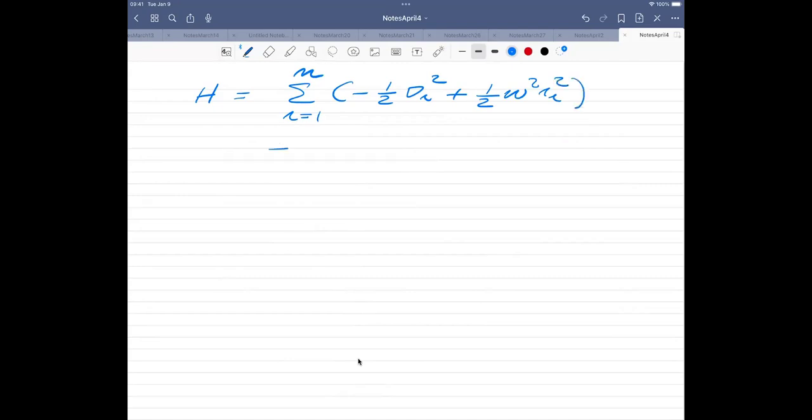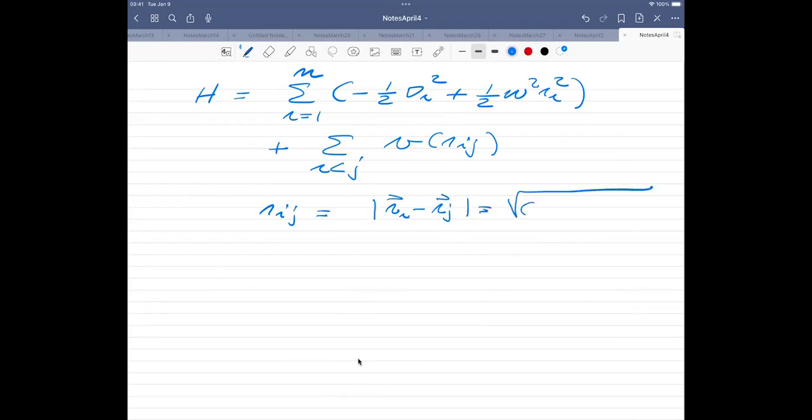And then we have an interaction piece where we have an interaction V of r_ij. And this r_ij is just the relative distance between two vectors, which is nothing but this expression here. If you're in 2 dimensions, it's (x_i minus x_j) squared plus (y_i minus y_j) squared.